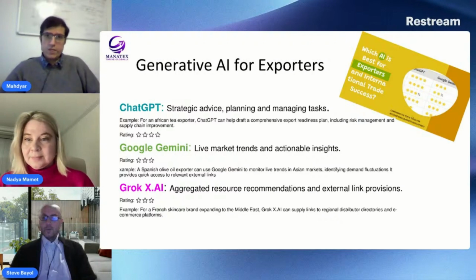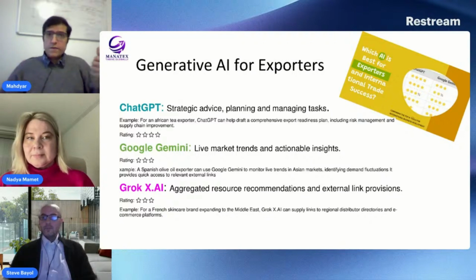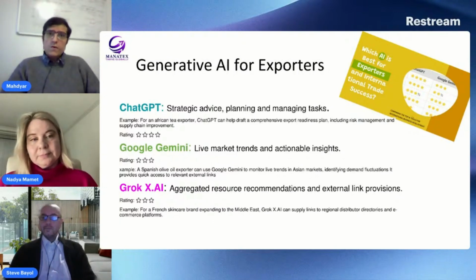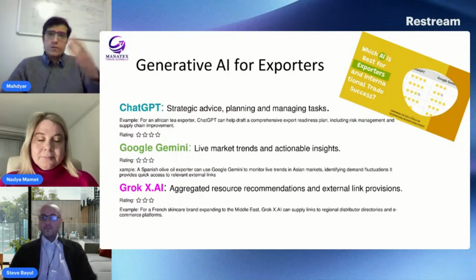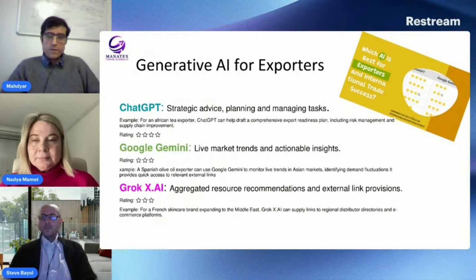I use ChatGPT for that. Then Google Gemini. Google benefits from the large database of Google, which is the biggest search engine in the world. With Google News and Google Trends, they are the toppest in the world. So for any information about live market trends, they benefit from a better database.